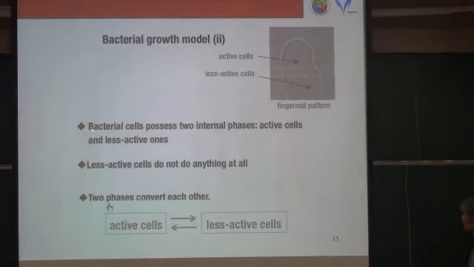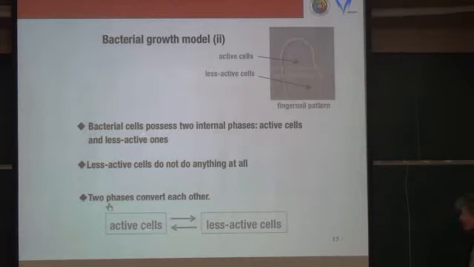Then, okay, so bacteria cells possess two internal phases. One is the active cell, and the other one is the less active cell, okay? And less active cells do not do anything at all, just sleeping, okay? And the two phases convert into each other.